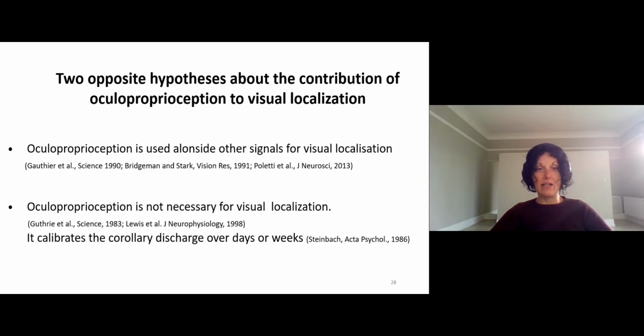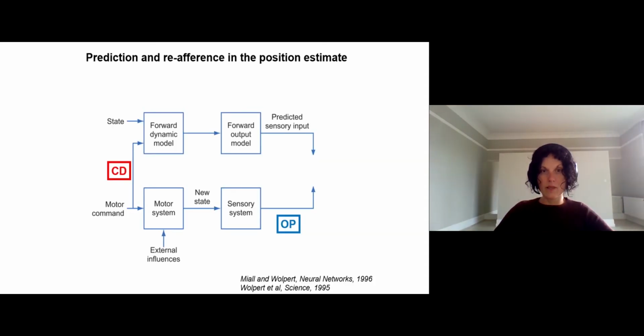On the other side, other authors hypothesized that ocular proprioception is not necessary and it merely calibrates the corollary discharge over days or weeks. Let me just explain in more detail what the corollary discharge is.